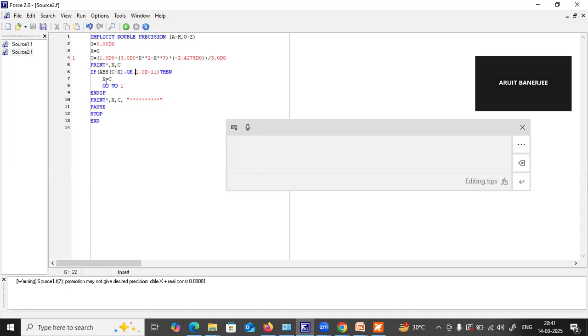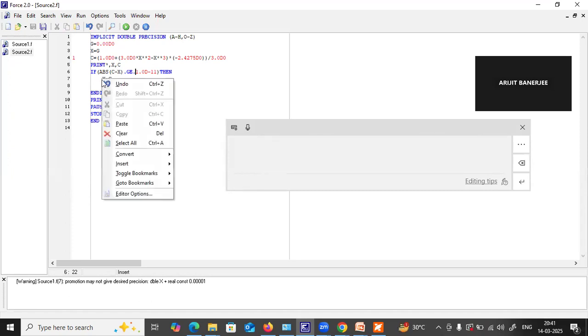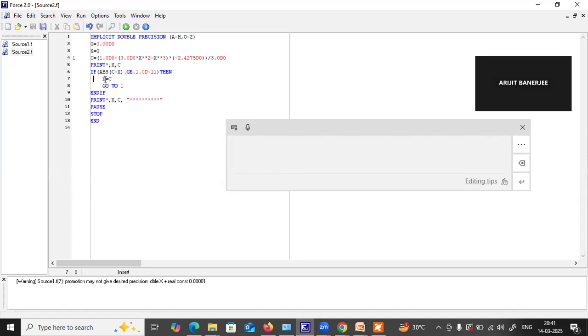If it is greater, then I am assuming that the calculated value is the guess. So this is the calculated value. I am assuming that guess is equal to the calculated value. In the earlier one, I was just incrementing the guess with some arbitrary value. But here I am directly assuming that value to be equal to the corrected value or the calculated value.